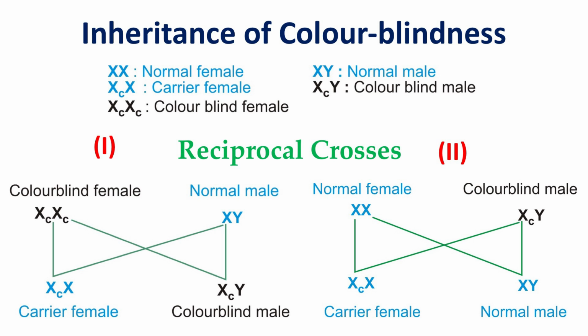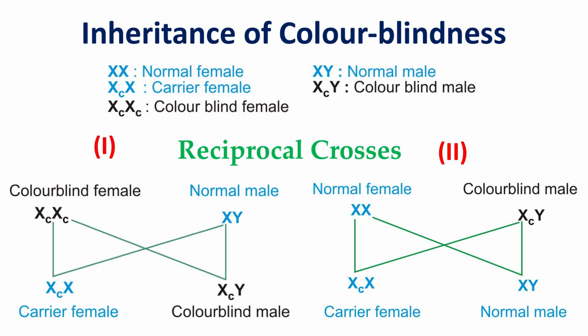The reciprocal cross, normal female with colorblind male: here the daughters are also carriers, but the sons are normal. In the first case the sons are colorblind, but in the second case the sons are normal, because it is an X-linked recessive trait and does not give the same result in reciprocal crosses.